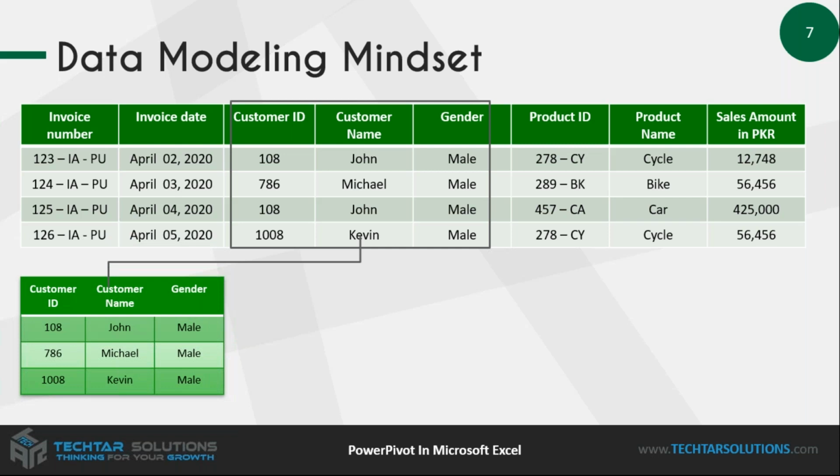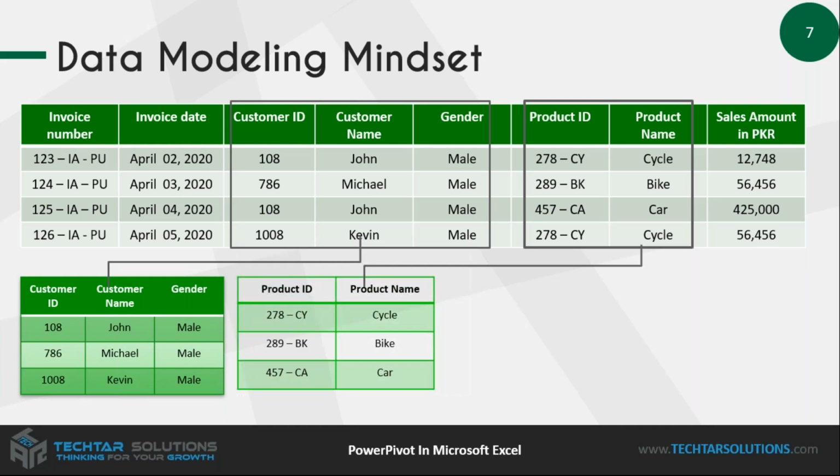So we have to pull out this customer information and store it in another sheet or table, and this table should contain single customer information. For example, in our table, Mr. John has been recorded twice. In this table, we will record Mr. John only once, right?